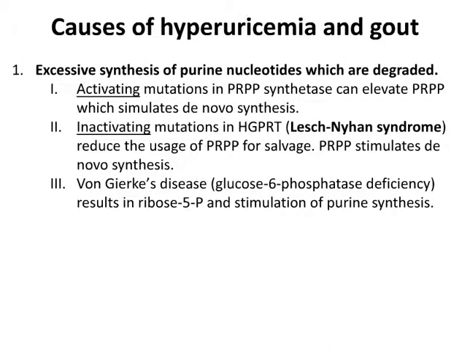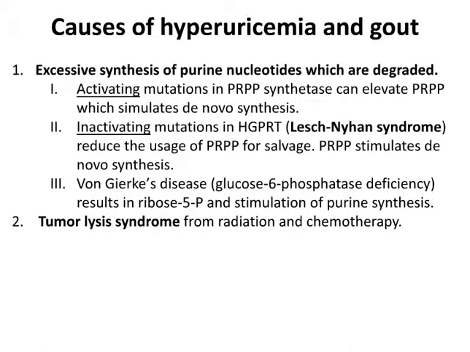There can be inactivating mutations in the salvage enzyme hypoxanthine guanine phosphoribosyl transferase, the enzyme that is defective in Lesch-Nyhan syndrome. Reduced HGPRT activity reduces the usage of PRPP for salvage. The accumulation of PRPP then stimulates de novo biosynthesis of purines via activation of glutamine phosphoribosyl pyrophosphate aminotransferase activity.